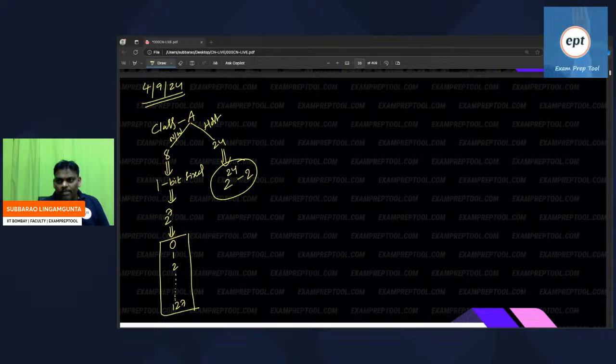Class A network is 8 bits, host is 24. 2 power 24 minus 2 hosts are there for one network, that's okay. But the number of networks, if you see: network 0, network 1, network 2, and so on, network 127.